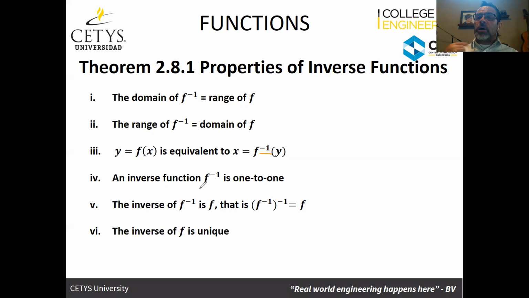The inverse is also going to be one-to-one. That's important. So the original function has to be one-to-one, but the inverse is also one-to-one. And the inverse of a function is unique, meaning that the inverse function that we obtain is only obtained from the original function. So it's going to be unique.